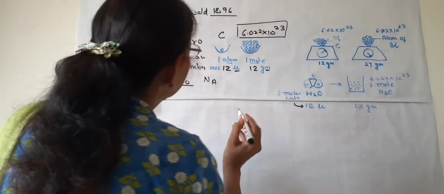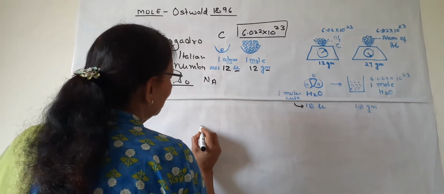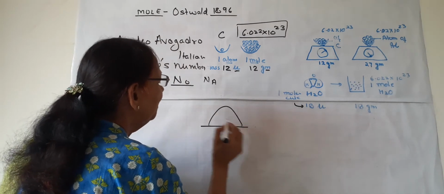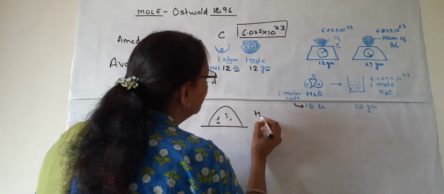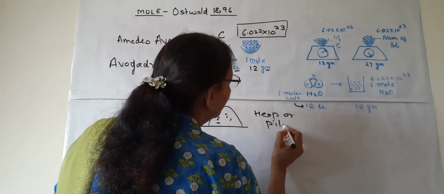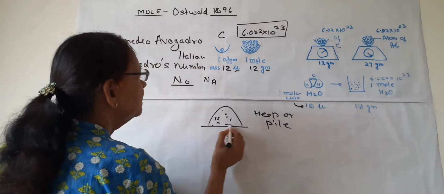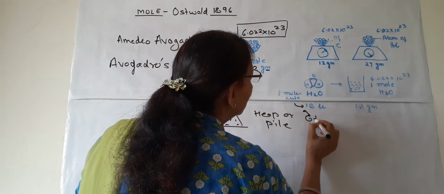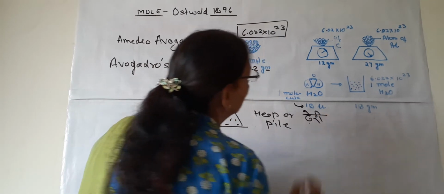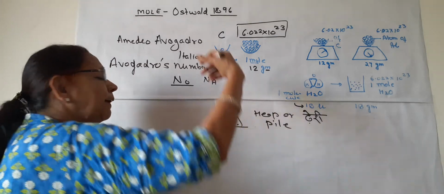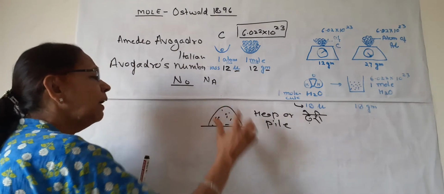It is also said that, suppose this is a plate, the verbal meaning of mole is heap or pile. Do you know what is heap? This is heap. Heap means dheri. If we put some salt or sugar on a plate like this, it forms a heap.